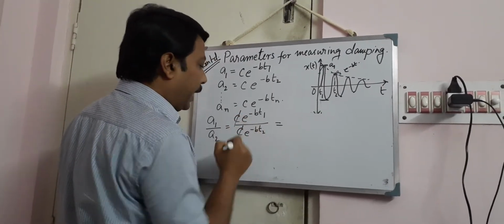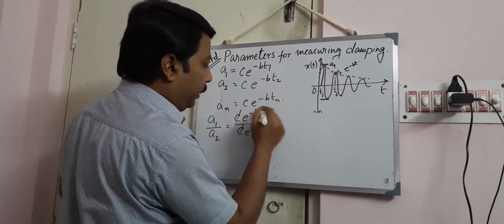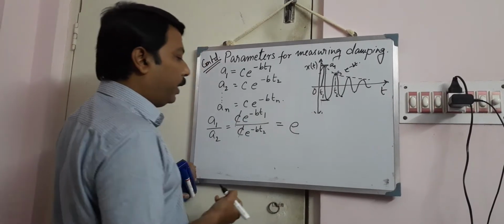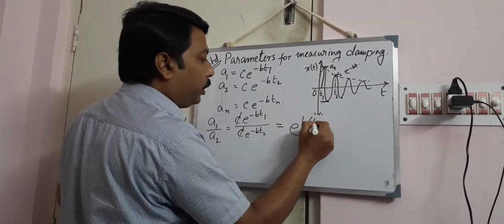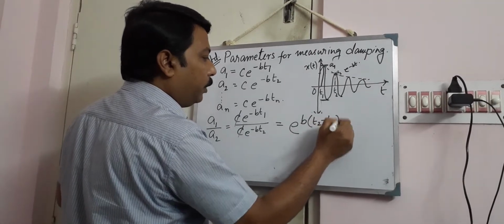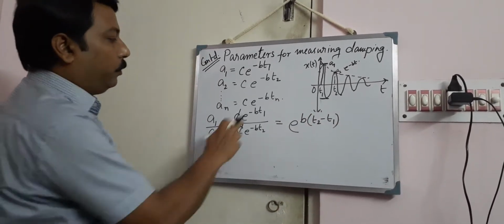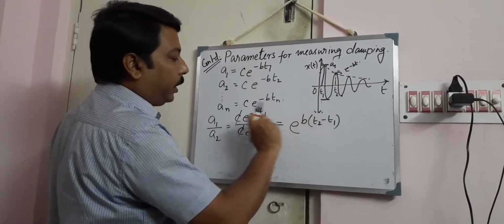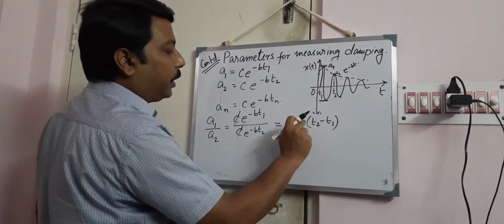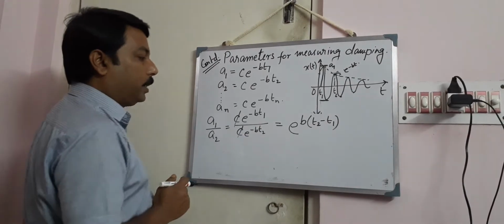So this c will cancel, and you get e to the power b into t2 minus t1. If you keep this minus b, then it will be t1 minus t2, so I have taken the negative sign inside, and it becomes b into t2 minus t1.